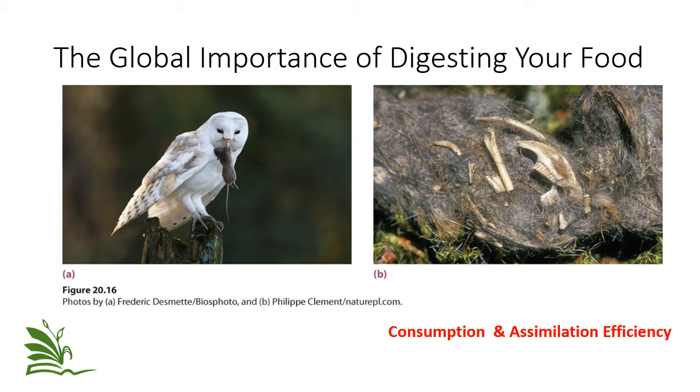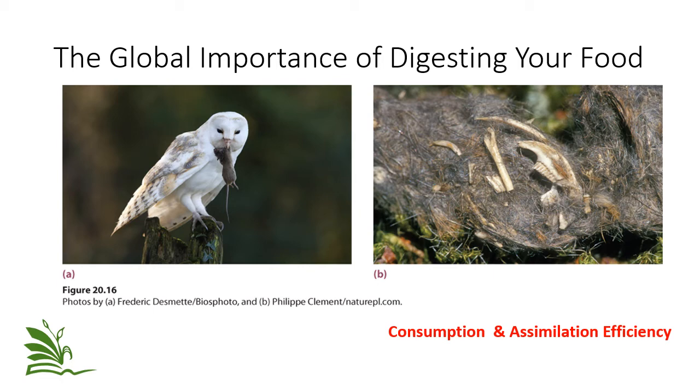Whatever the waste is from consumers consuming either primary producers or a lower consumer, we are losing efficiency in the ability to convert the energy that is stored in the prey and assimilating it into our bodies.